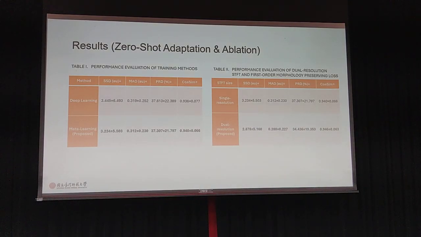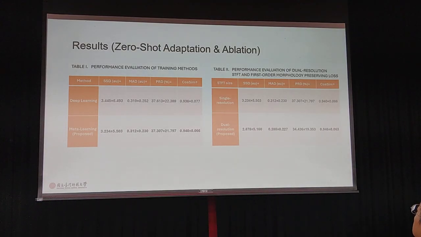This is my result. Table 1 on the left shows completely unseen patient records. In the few-shot setting, where the initialization is provided by our meta-learning framework, the model converges extensively and outperforms the traditional training method across all metrics. Next, Table 2 on the right is the ablation study of our critical designs.